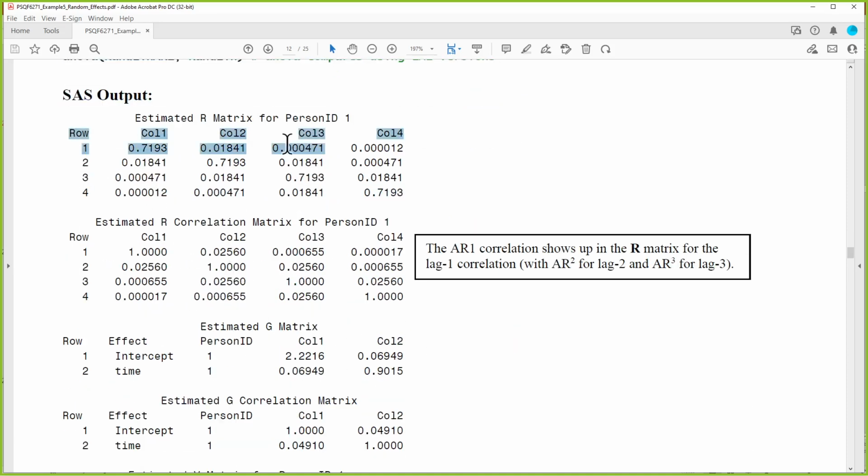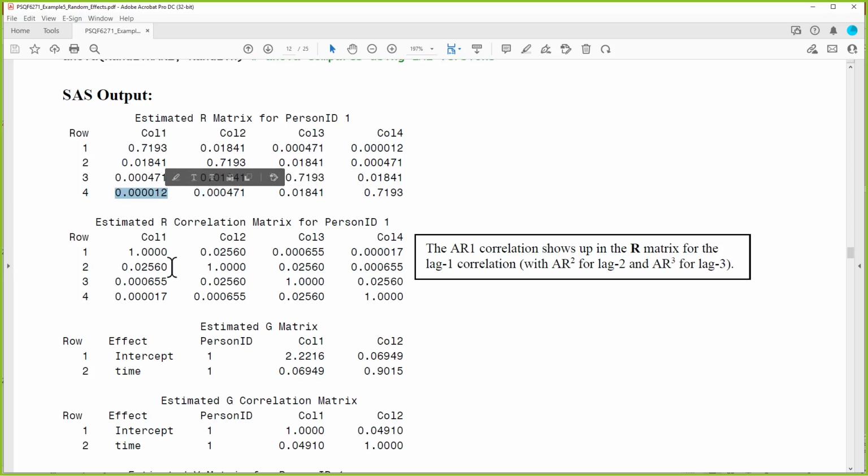So here's what we end up with for our new R matrix. So the AR model is phrased directly as a correlation. So the AR coefficient was estimated as the 0.018 that's on the first off diagonal here for the lag 1 correlations. That 0.018 squared is how the second off diagonal got made, and 0.018 to the third power would be the last one.